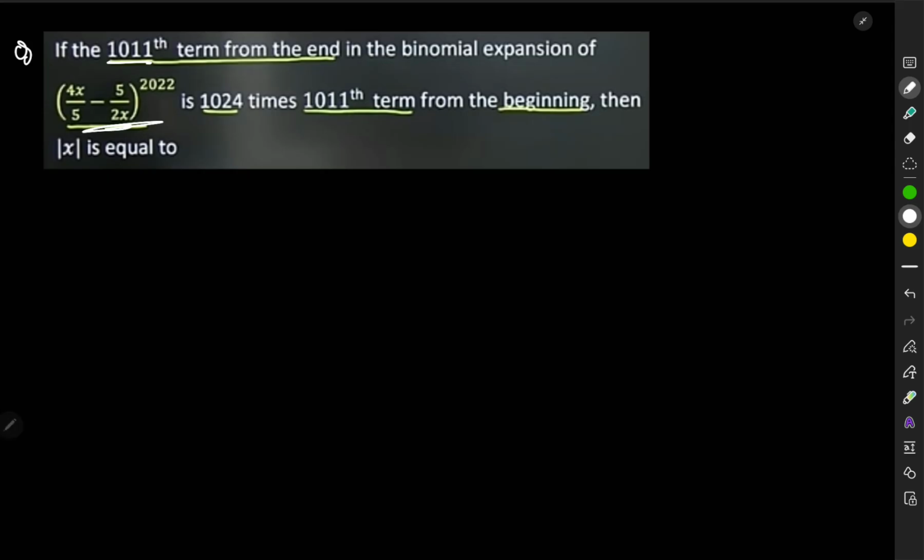So simply apply in that formula, which is n minus k plus 2, right? This is from the end. So from the end is also given: 2022 minus 1011 plus 2, which is 1013, right? From start.